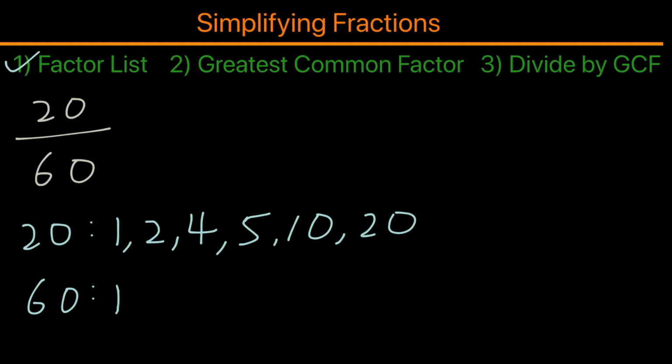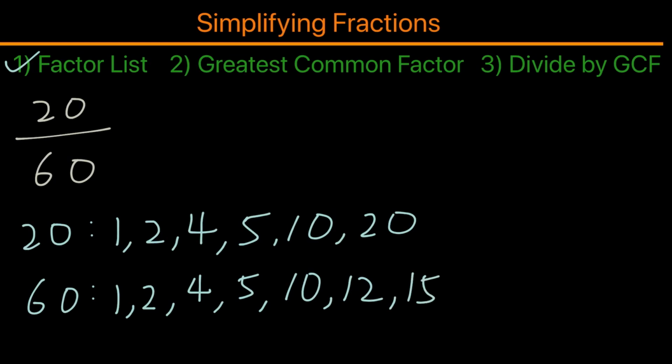For 60, we have 1, 2 times 30 is 60, 4 times 15 is 60, 5 times 12 is 60, 10 times 6 is 60, 12 times 5 is 60, 15 times 4 is 60, 20 times 3 is 60, 30 times 2 is 60, and then we have 60.